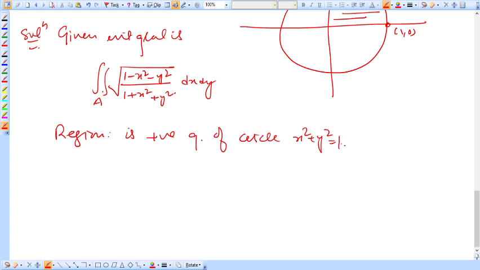Whenever you get such circles, it is pretty easy to change the variables into polar coordinates. So here you can write x is equal to r cos theta, y is equal to r sin theta.